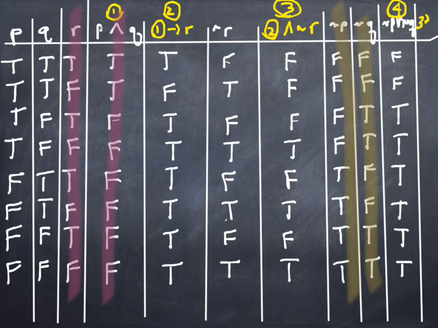All right, so we're going to take column 3 in green. We're going to take our last column, column 4, and we're going to do an arrow between them. So the first 3 in column 3 start out false, which means the result is true.